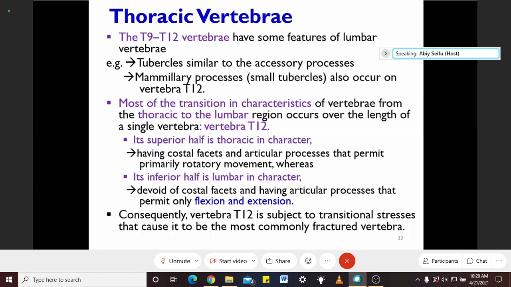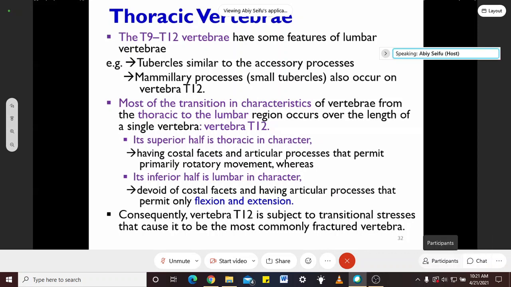And there are also tubercles, similar to the accessory process that is found on the lumbar vertebrae. The mammillary process is also present on the T12. That makes it almost similar to the lumbar ones. And the T12 has transitional characteristics.